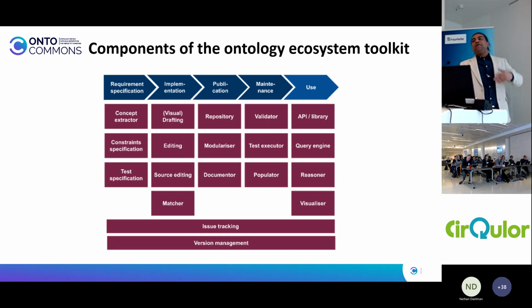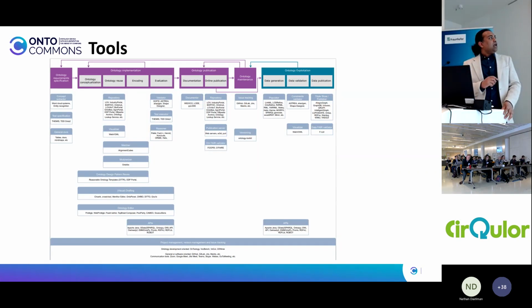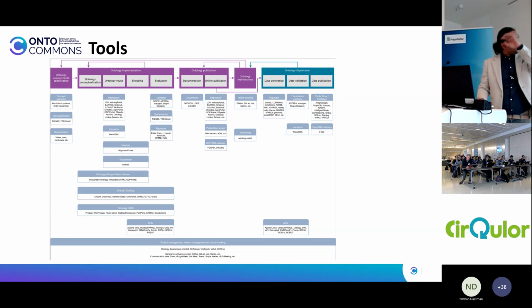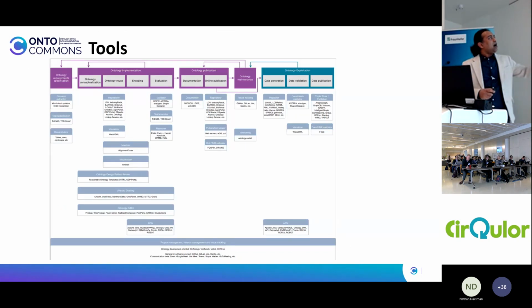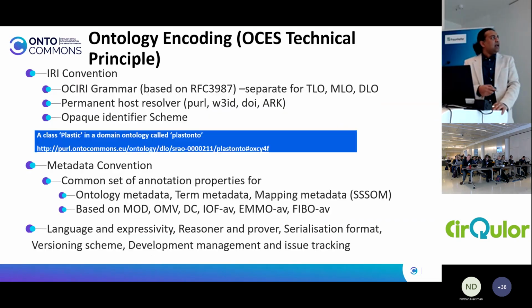We also mapped the different tools which can be used for different phases of this LOT methodology. We created this detailed map of different tools, which you can use for different phases. It's not very visible, but I will show some of these tools in a later slide.